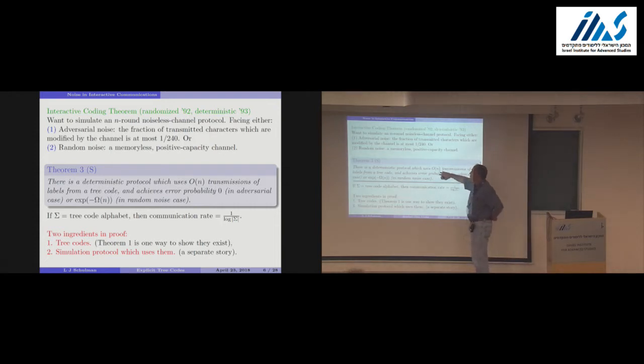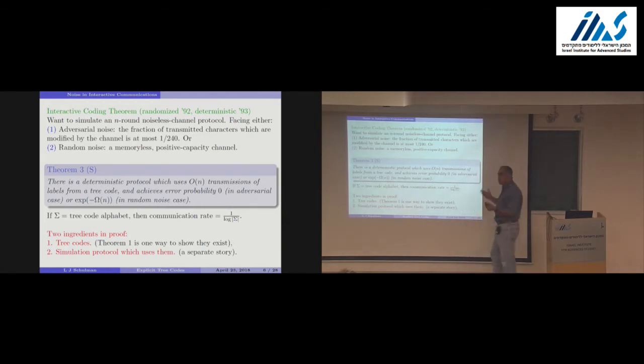There is a deterministic protocol that, when you want to simulate a protocol that would have taken n communications, but was an interactive protocol, with Alice and Bob exchanging bits in real time, you want to simulate that despite noise on the channel. Then they can do that with no error probability at all in the adversarial case, or with exponentially small error probability in the random case. So it's exactly like in the Shannon version: there's a way to do this.